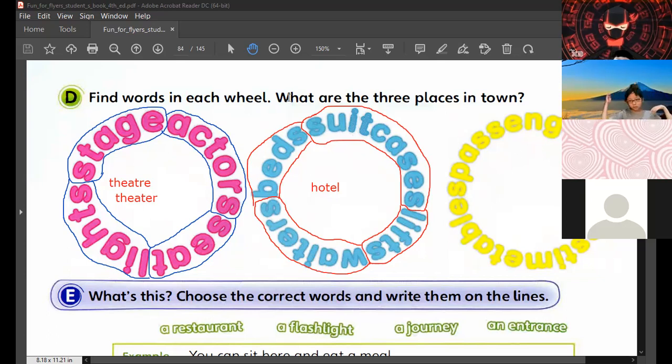And the last one, the yellow circle. Okay, so the first word we have here, passengers. The next word, planes.